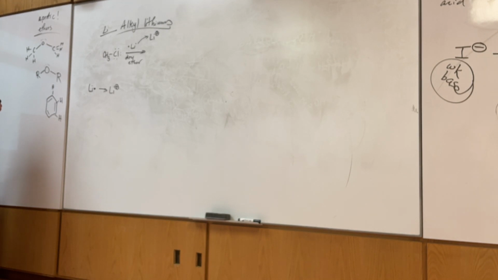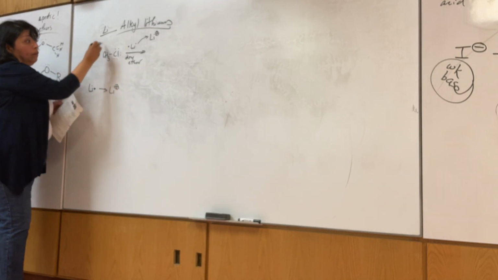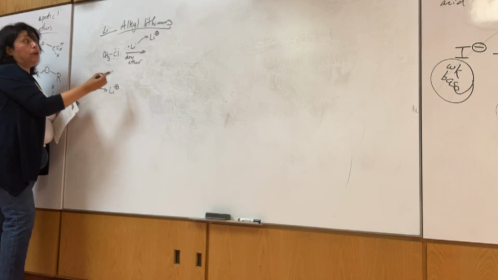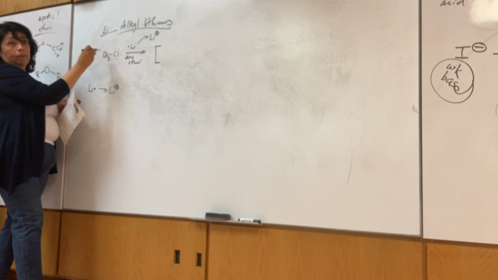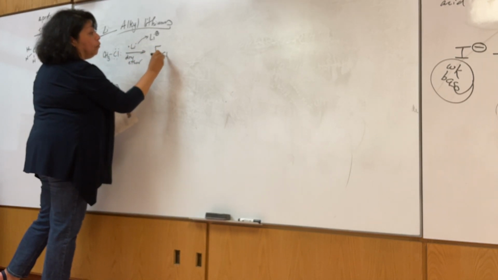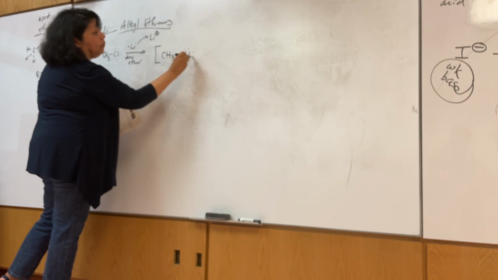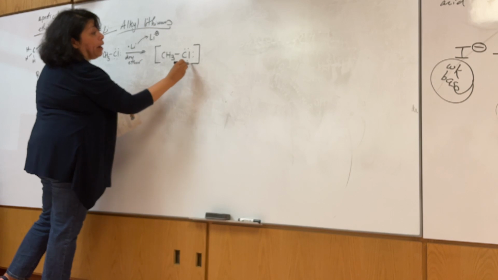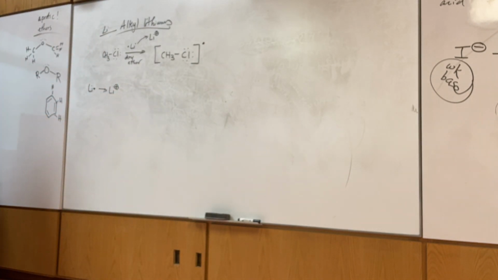So I'm telling you that I just gave away an electron, and it's hanging around. That electron is going to see this thing hanging around as well. So somehow it finds this thing, right? And so CH3Cl, put in the brackets, put the electron out here. Because I'm not really sure where that electron is, but it's around this big thing.